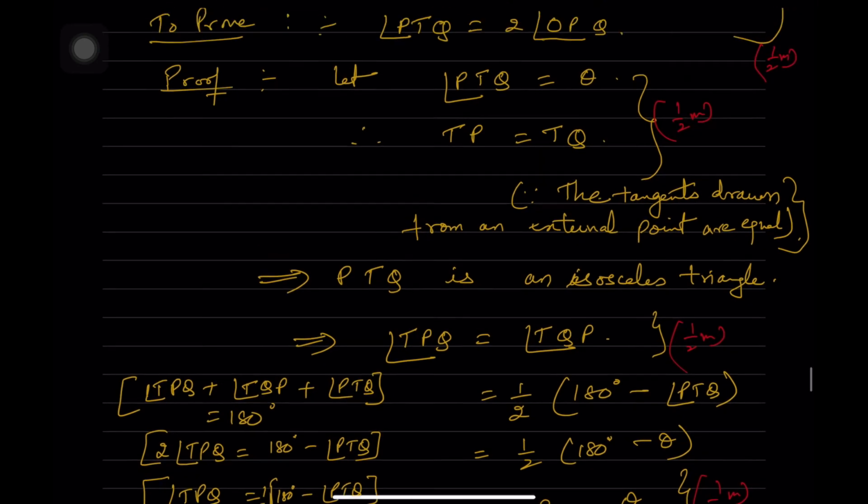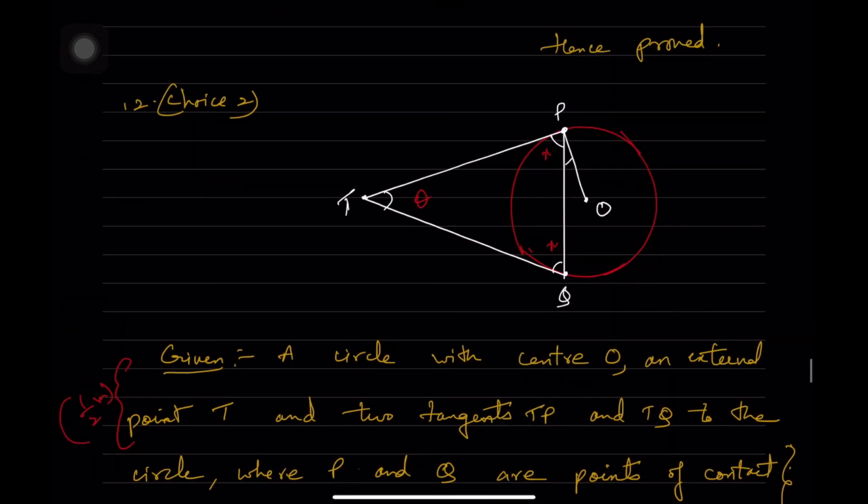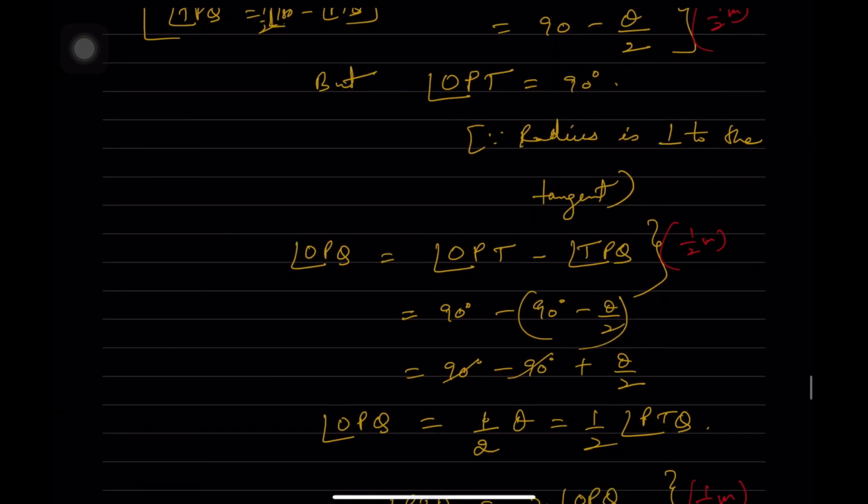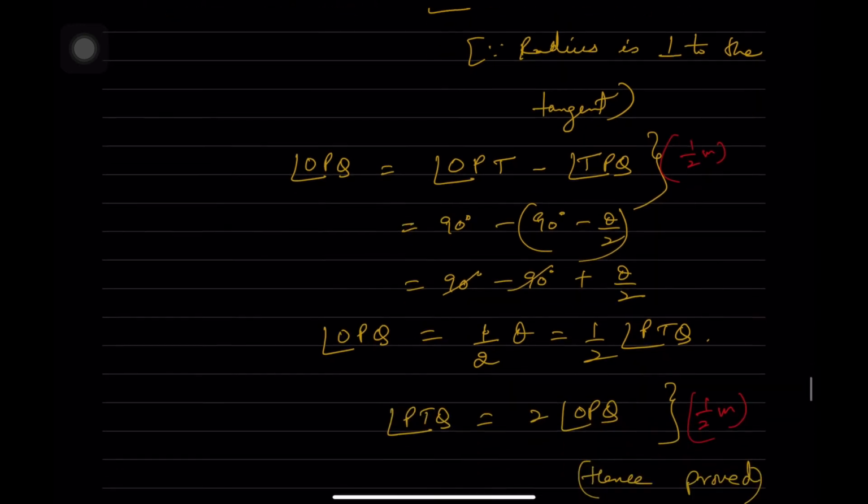In order to find this angle, you take this bigger angle minus this smaller angle, that is x. So if you take angle OPT minus angle TPQ, you will get angle OPQ. So that only we have written here. So angle OPQ is equal to angle OPT minus angle TPQ, which is equal to 90 minus 90 minus theta by 2.